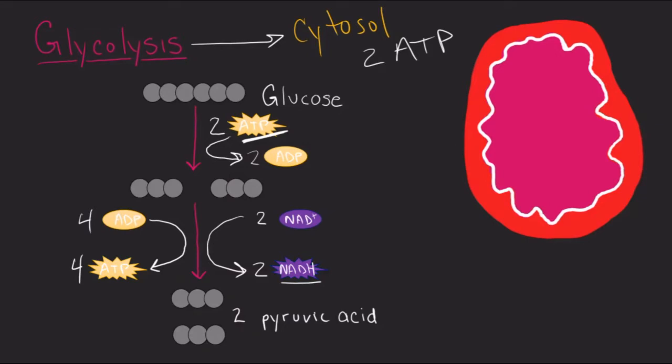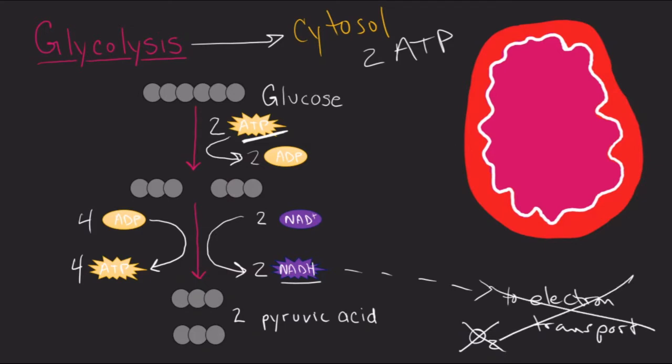Well, normally, this NADH is going to go to electron transport. But again, that requires oxygen to donate those electrons to. And if we don't have any of that, well, that's not going to occur.